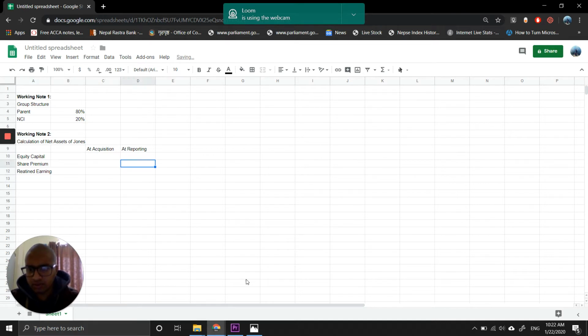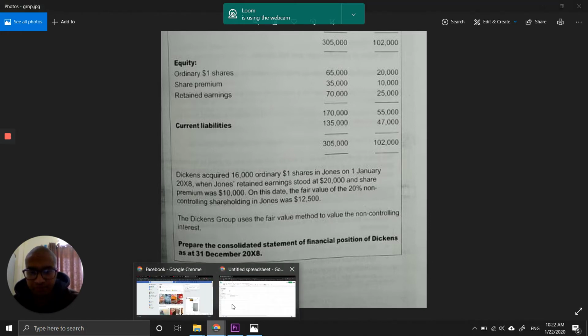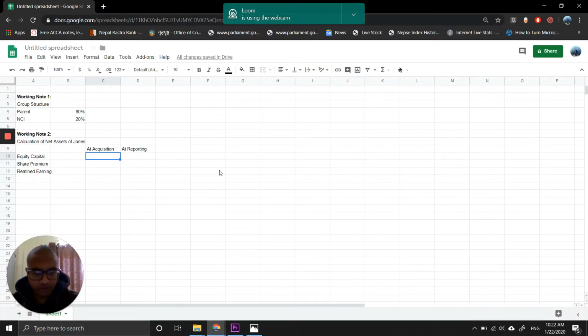Right, so what does the question say? 16,000 shares have been acquired, retained earnings stood at 20,000, share premium was 10,000, right? So the change has been only in retained earnings, which is 25,000. So let's add these values up. 20,000, and then 10,000, and then retained earnings was 20,000, right?